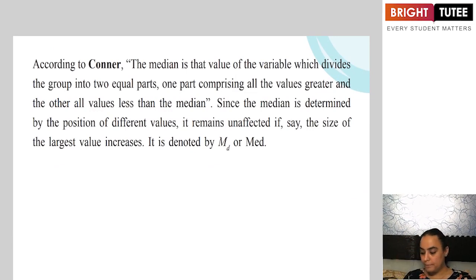According to Connor, median is that value of the variable which divides the group into two equal parts. One part will have the values which are greater and the other part will have the values which are lower than the median. And how do we denote it? It is MED or MD.